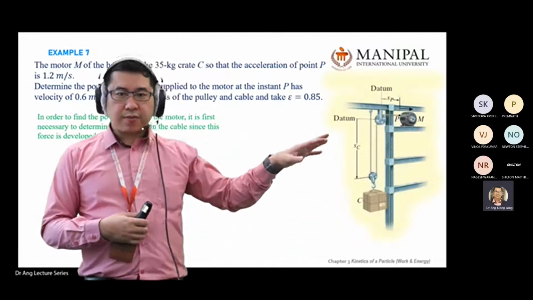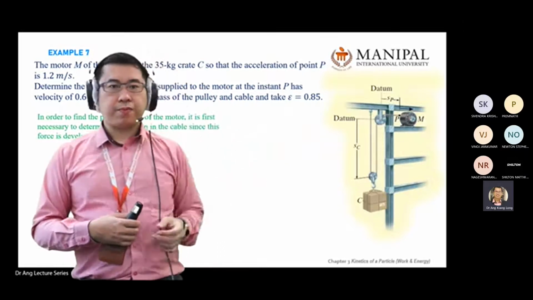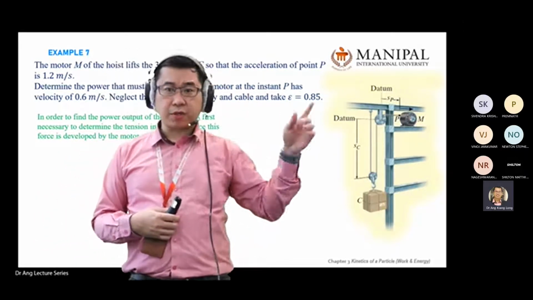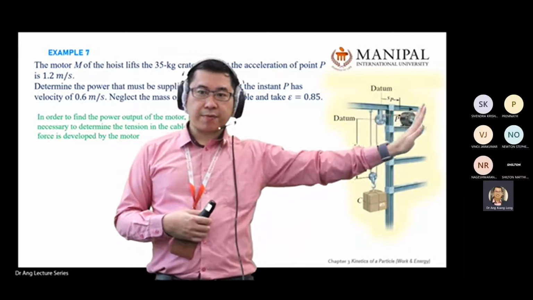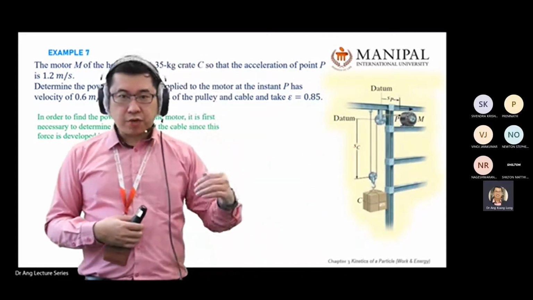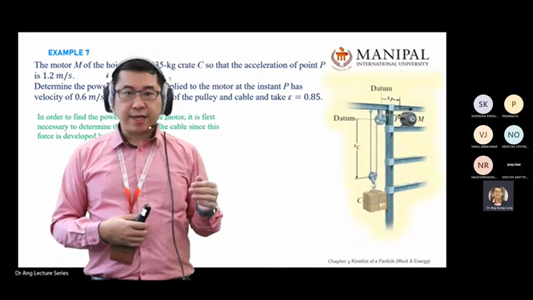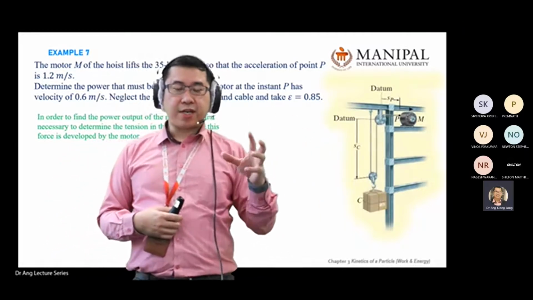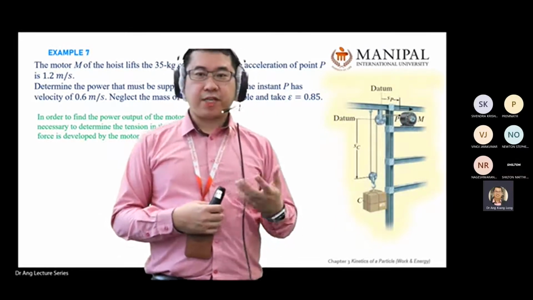In chapter 2, when we talked about pulleys, it was without a motor. But when you come to chapter 3 and we talk about power, power is the rate of change of your work.